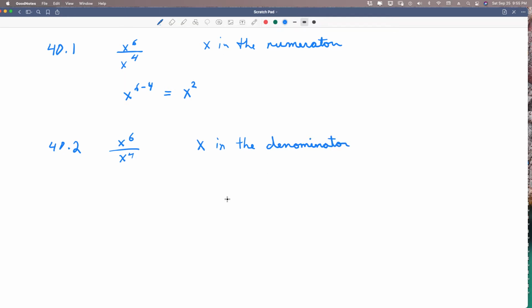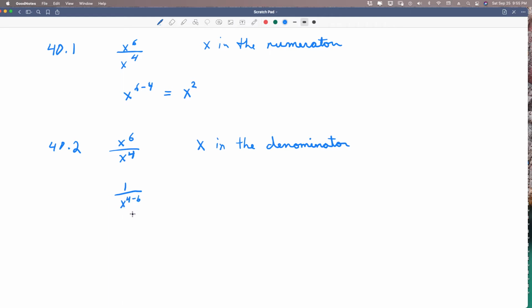So we're going to take this and we're going to put the x's in the denominator. So we're going to have 1 on top, and we're going to say x to the 4 minus 6.